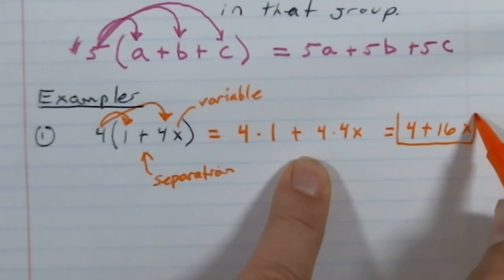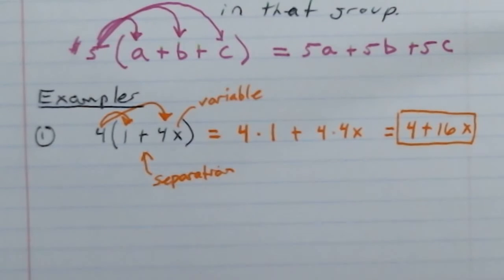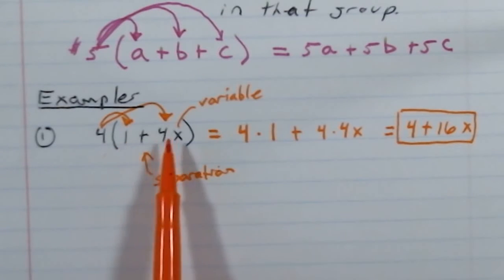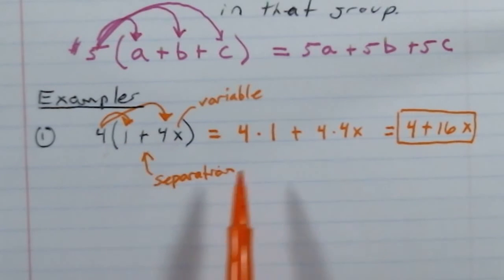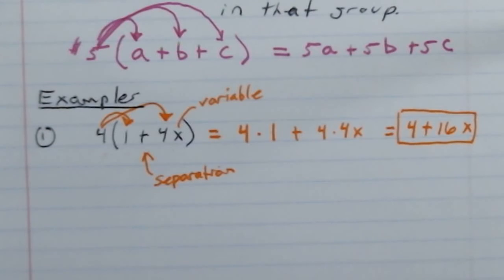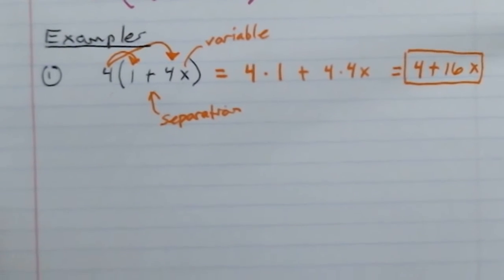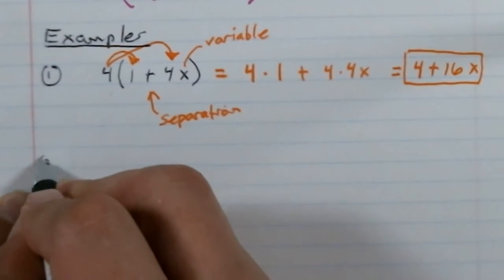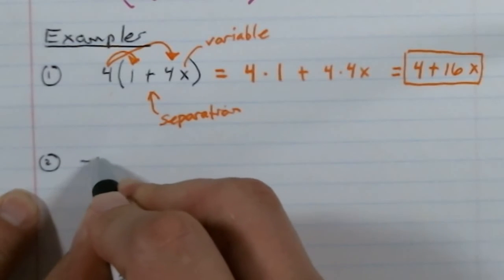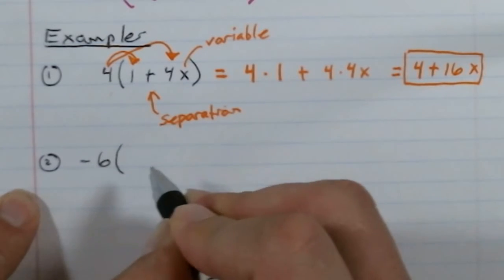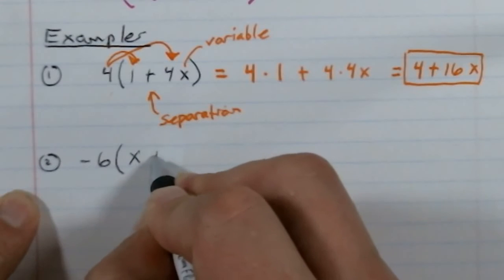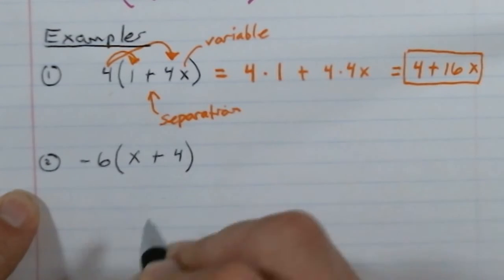That should be your answer when the 4 distributes to both components. Hopefully that wasn't too bad, but we need to do more of these and see a variety of them. So let's do another one. Maybe number 2: negative 6 times (x plus 4).